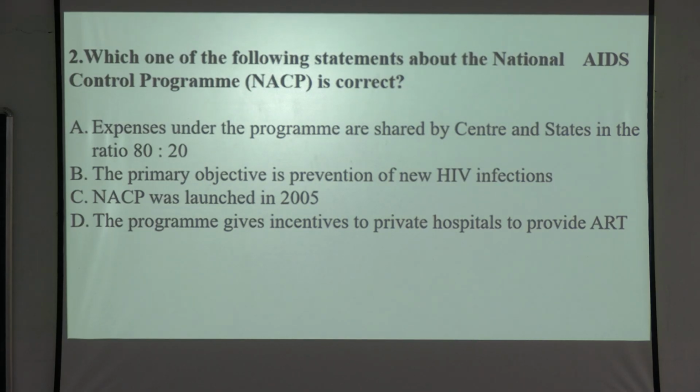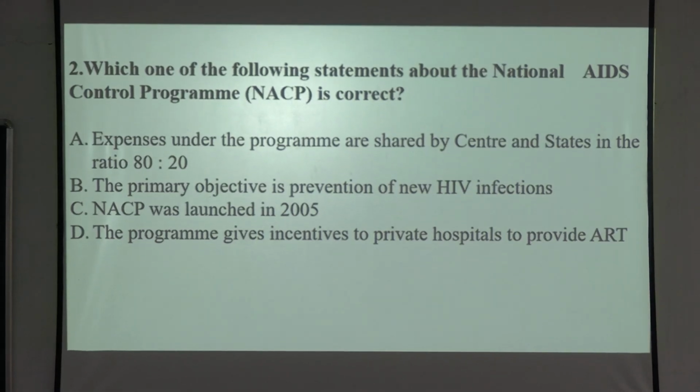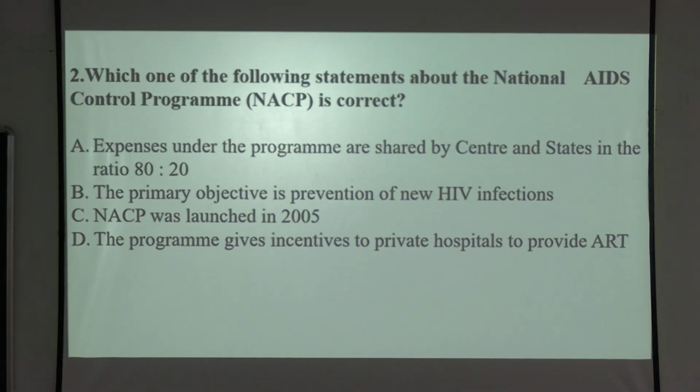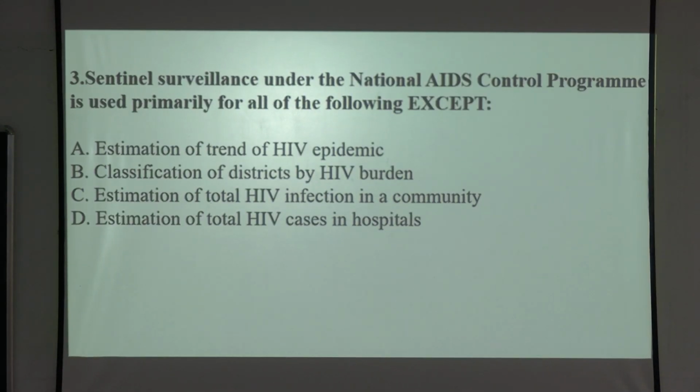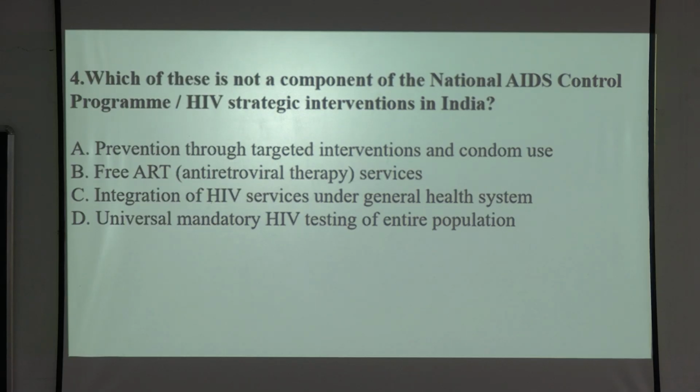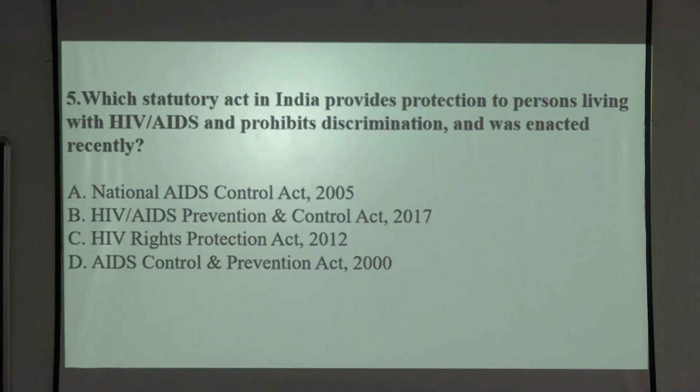Might be a multiple option, okay? So please read the options carefully. Sentinel surveillance under National AIDS Control Program is used primarily for all of the following except which of these is not a component of National AIDS Control Program or HIV strategic intervention in India? Which statutory act in India provides protection to person? At least say this one.